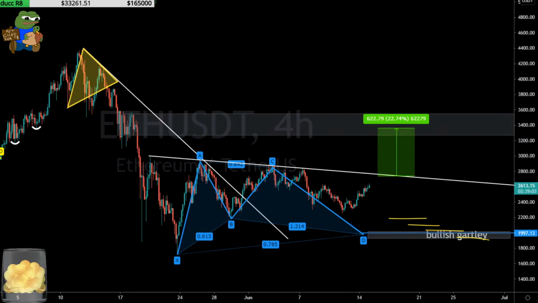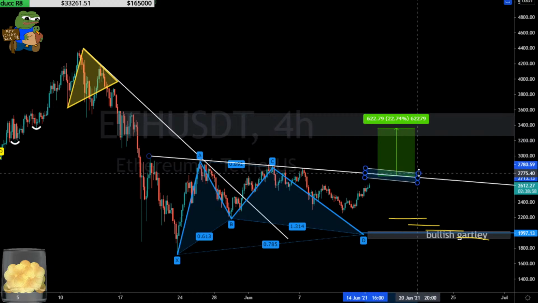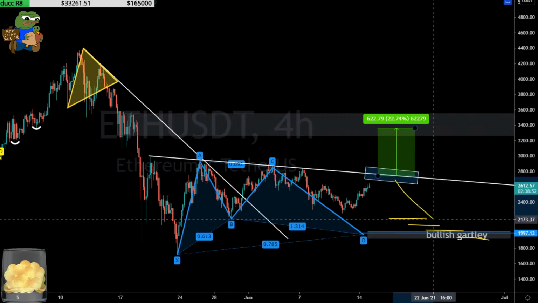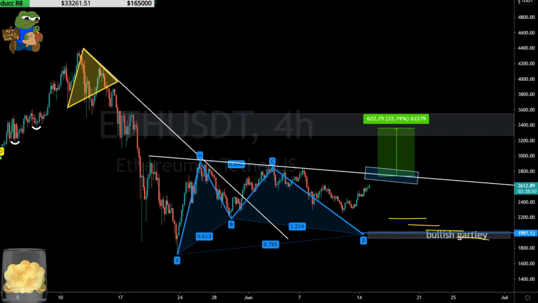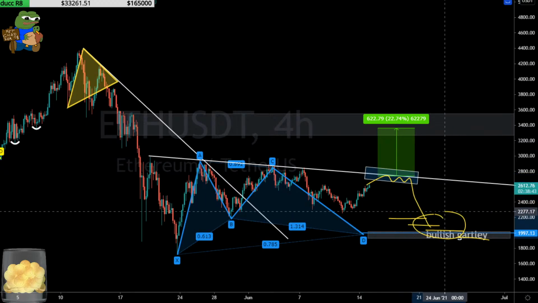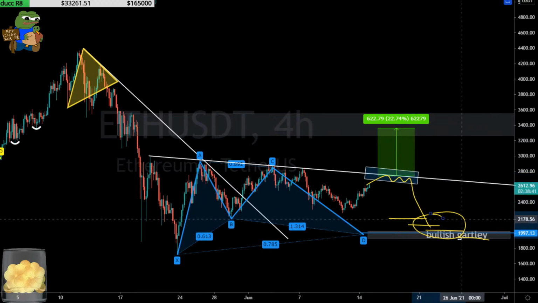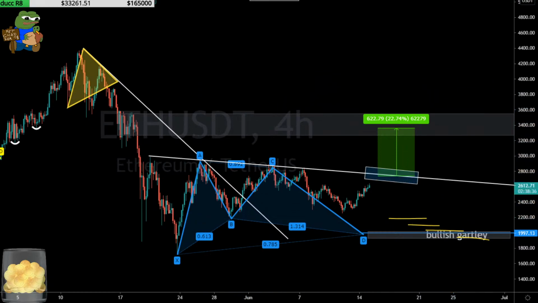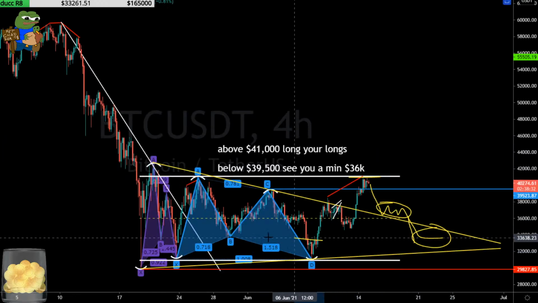Look for possibly a break, hook, and go area. If not, if you reject there, you're going to go right down to this 2K. But shit, I'd almost prefer a rejection here just to get another nice entry confirmed, okay? But some of these, again, on Bitcoin, you could have already got it.